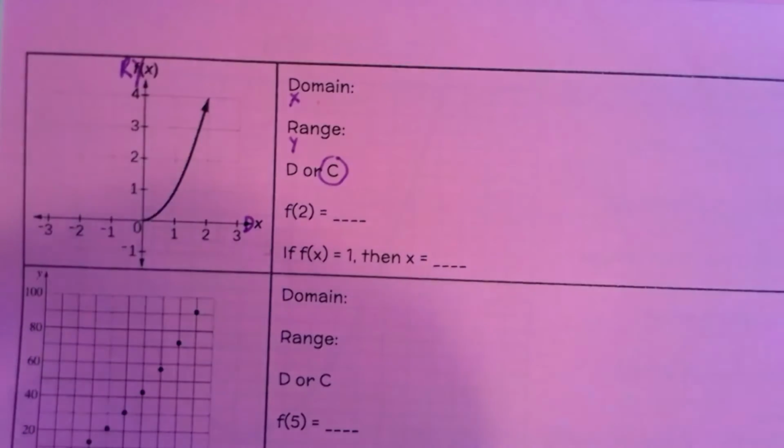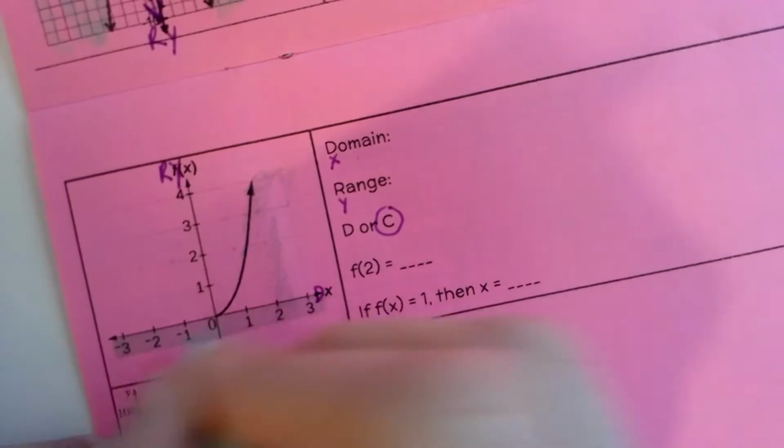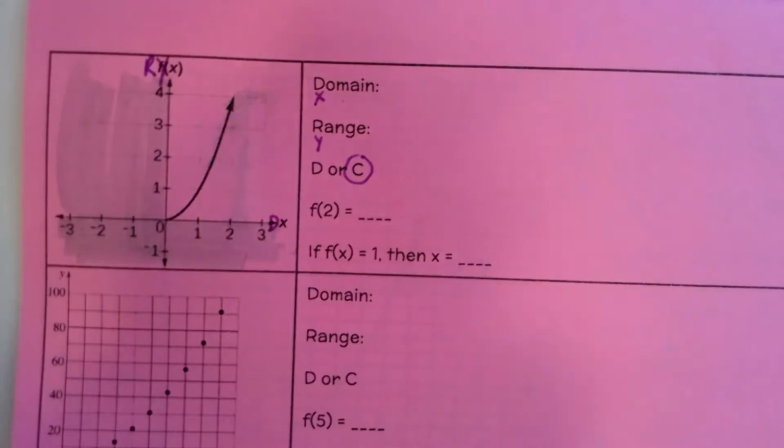Actually, I did my highlighting wrong up there, because when there's arrows, we don't box anything. We can't highlight next to an arrow. I'm going to redo it.